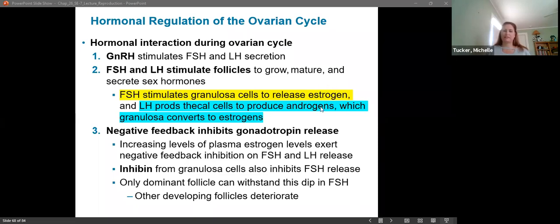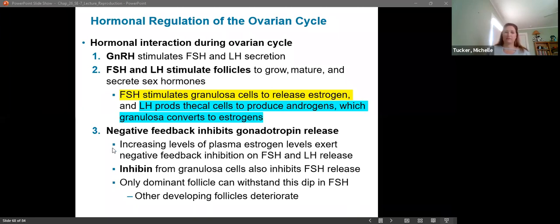This increase in estrogen is going to feed back to the hypothalamus, feed back to the anterior pituitary, and inhibit gonadotropin release, as well as FSH and LH release. There's also a hormone called inhibin that is produced by the granulosa cells that feeds back to the anterior pituitary.